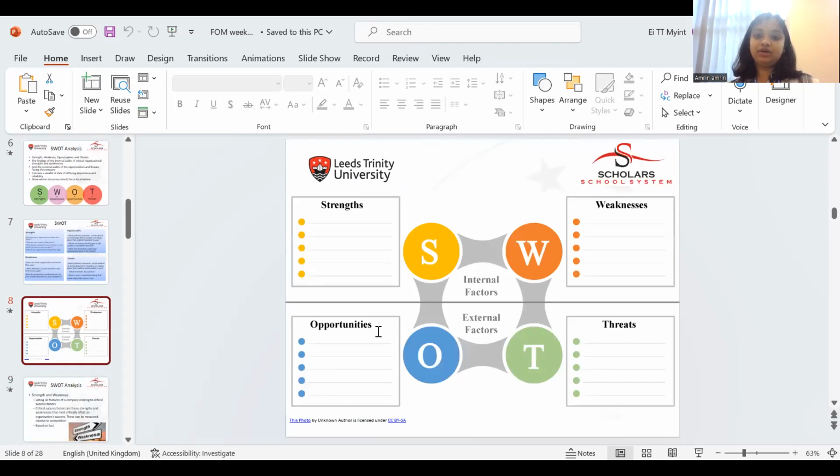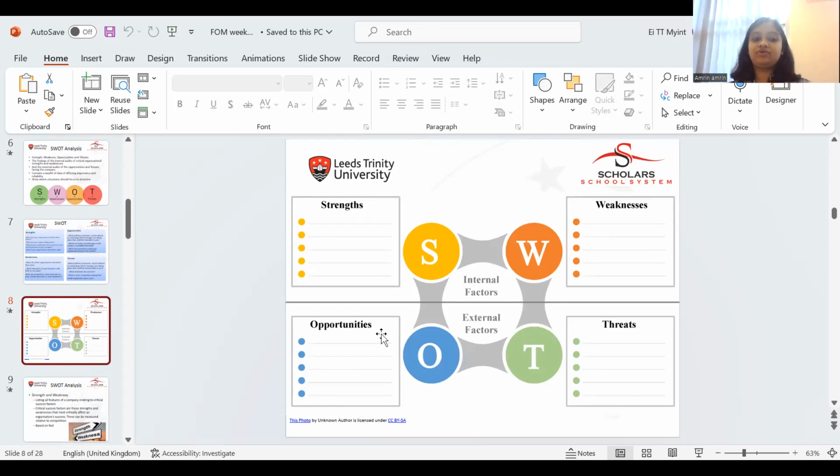And here you have to write all this down. This could be the kind of structure where you can write it down as per your business. What do you think would be the strengths for your business? It could be just a small activity. Think of a small business plan, and write down the strengths, weaknesses, opportunities, and threats. Then this topic would be more clear to you. Unless you do it by yourself, you won't learn anything.